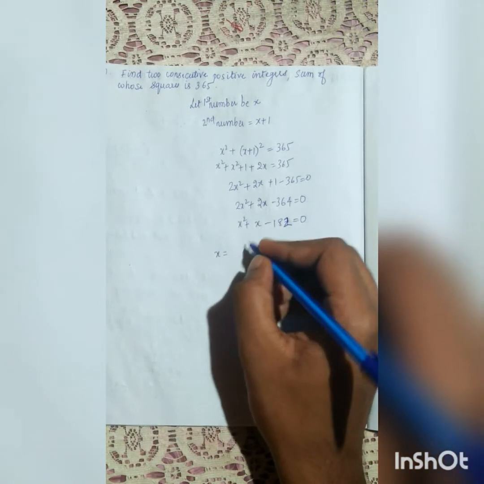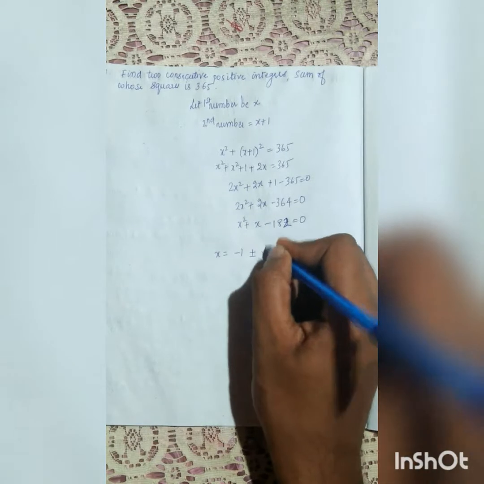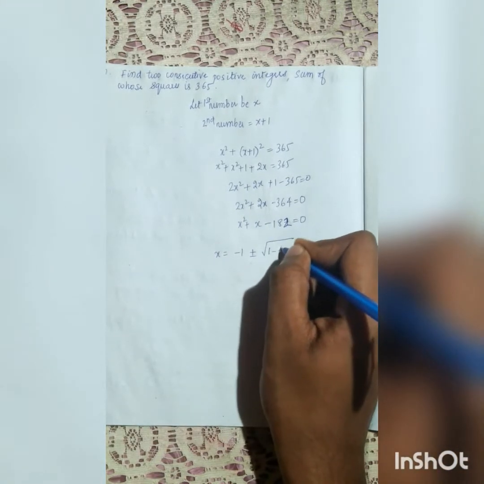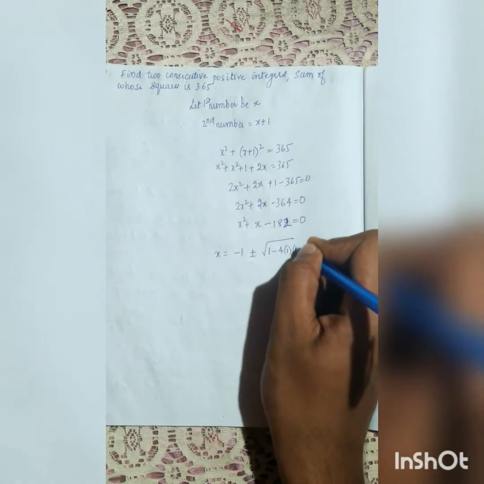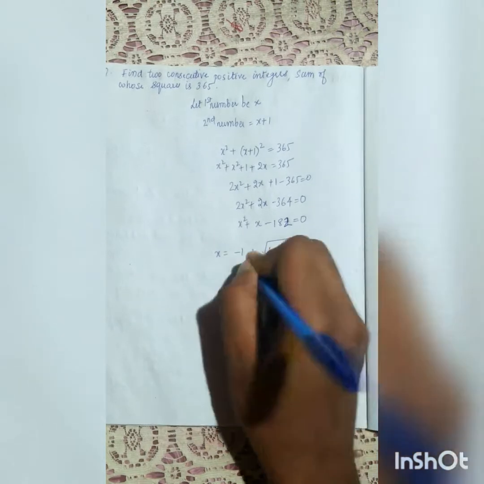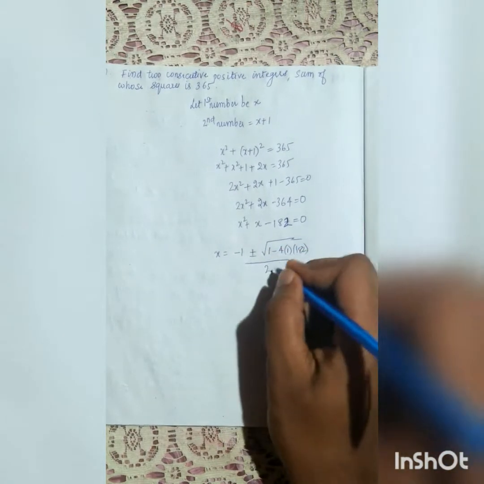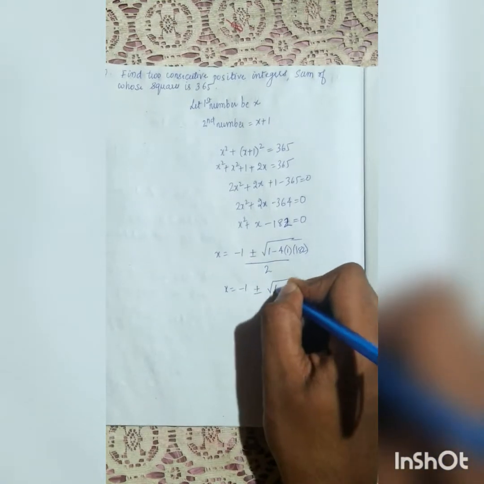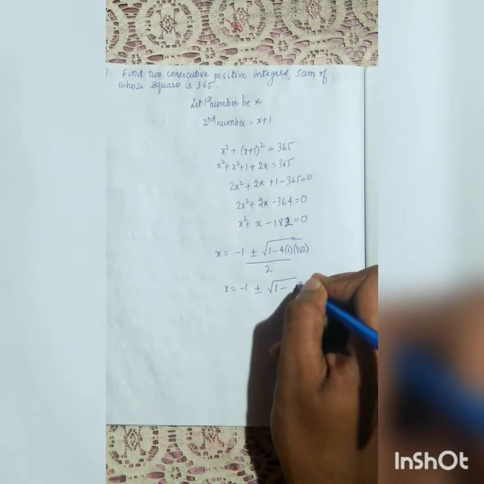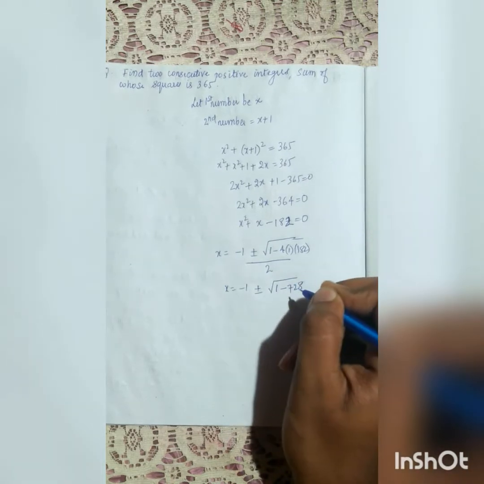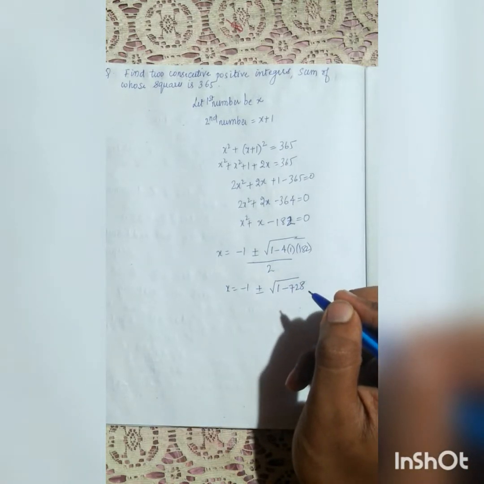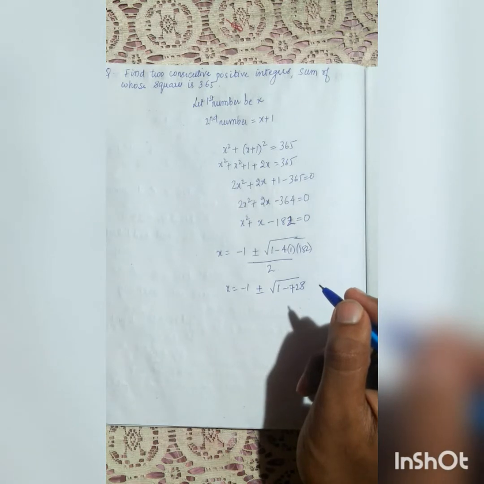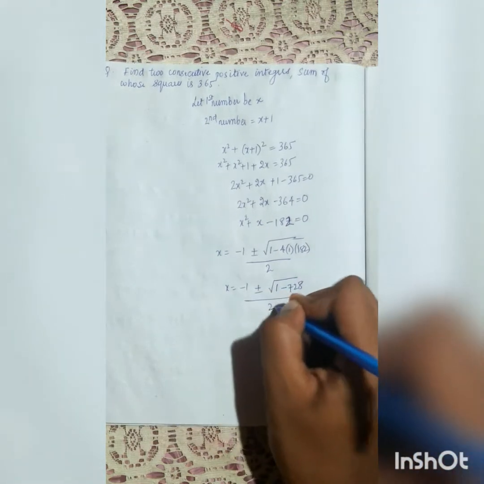We can use the quadratic formula to solve this quadratic equation. We have x is equal to minus b plus minus root of b square minus 4ac, divided by twice of a. So we have x is equal to minus 1 plus minus root of 1 plus 728 divided by 2.